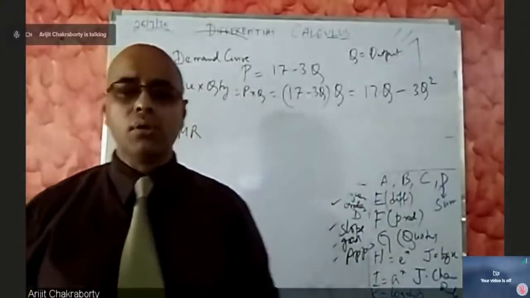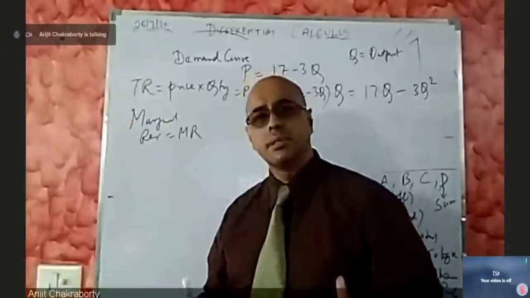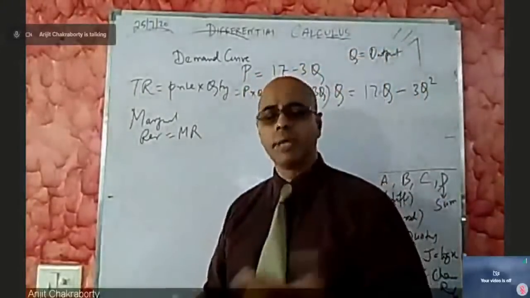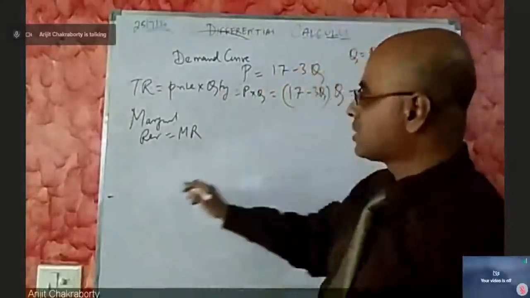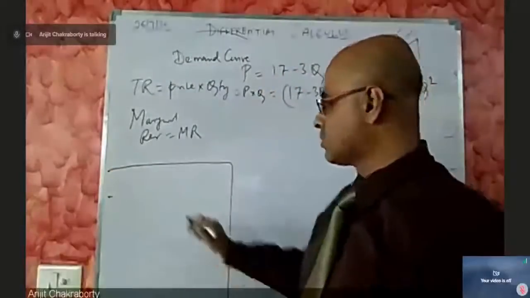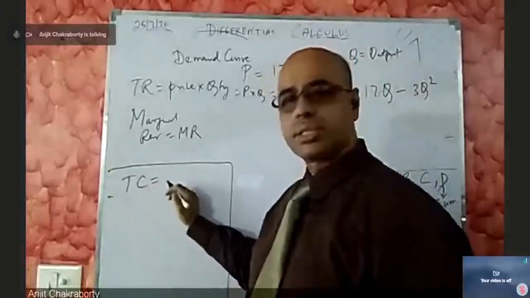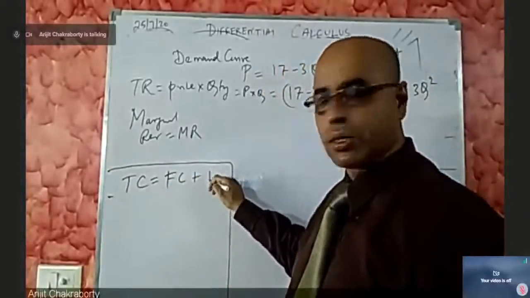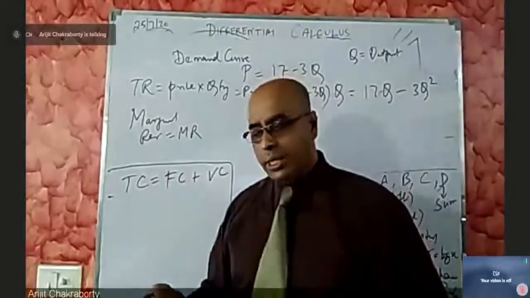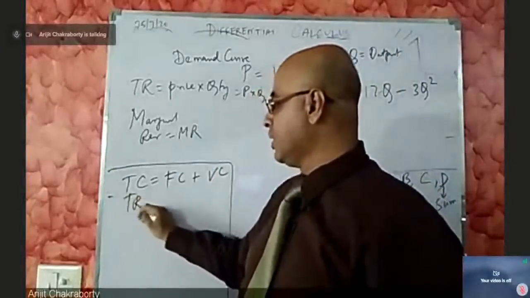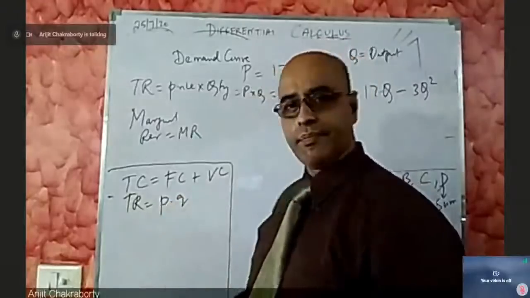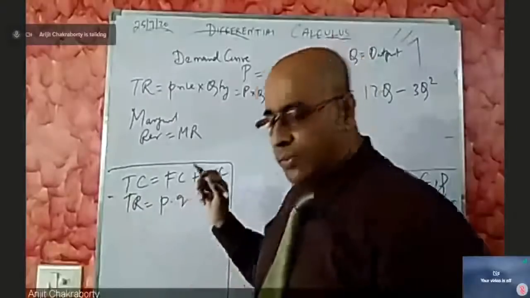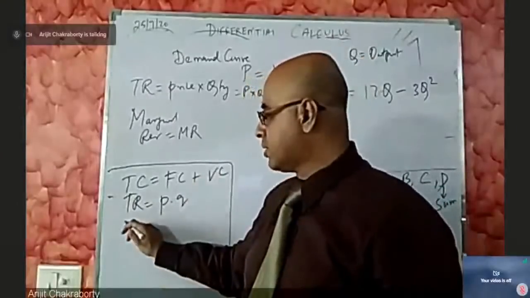Now all of you know some basic concepts. Needless to mention, but I'm still repeating, you probably know it very well. Some economics concepts I'm just writing. Total cost, TC, is equal to fixed cost plus variable cost. Second, the total revenue of a company is price P into the quantity, right? The third one is profit.